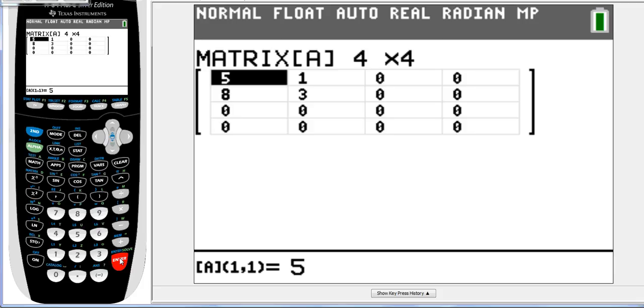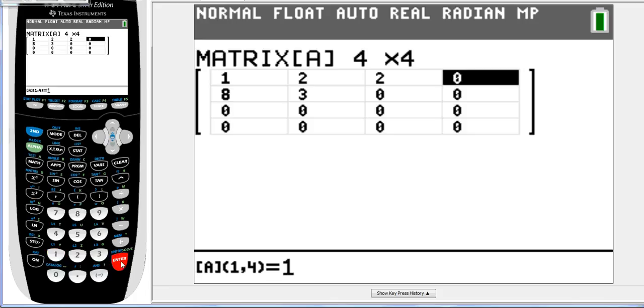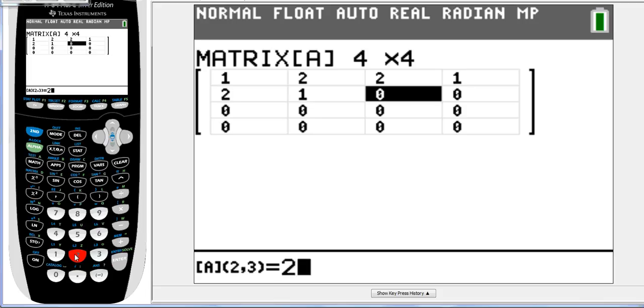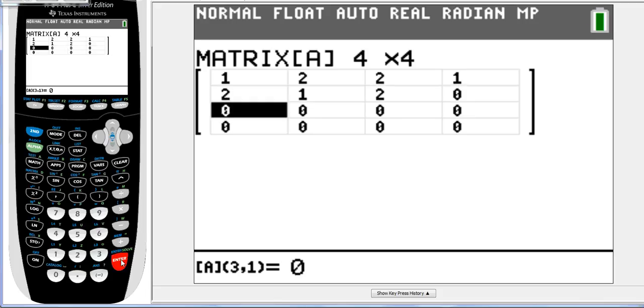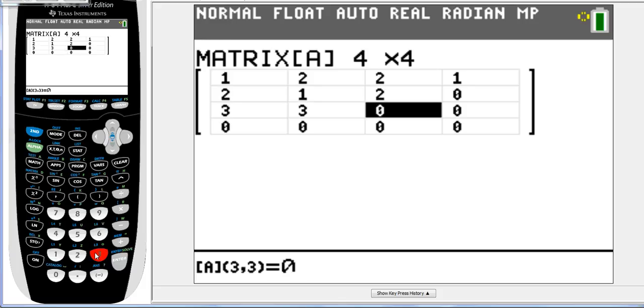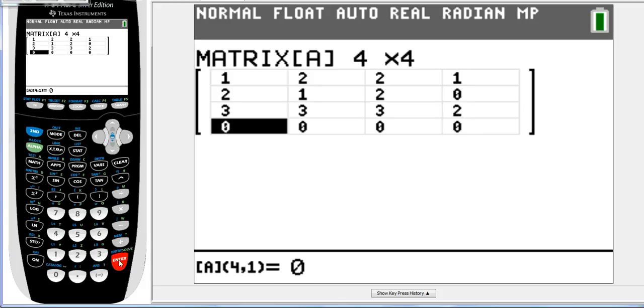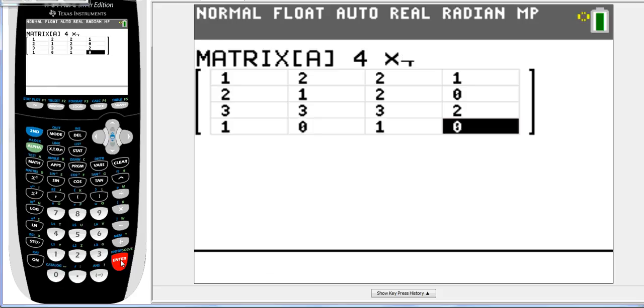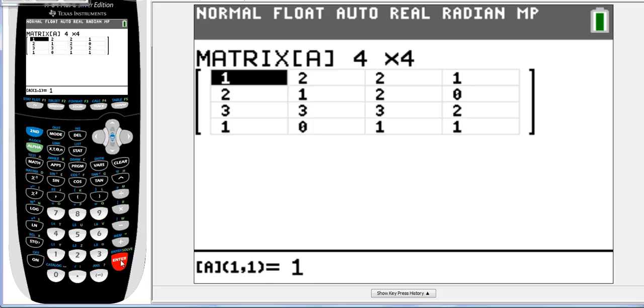I'm just going to input that data. All right, so I've got matrix A in there.